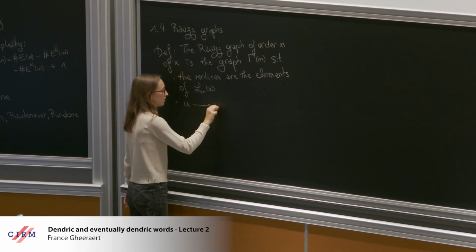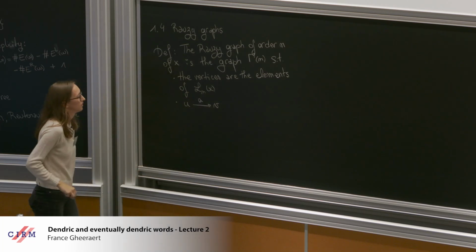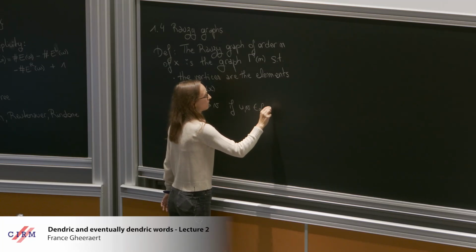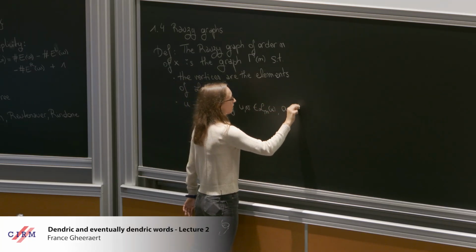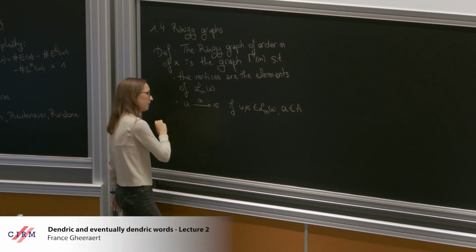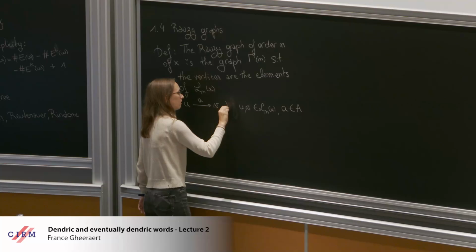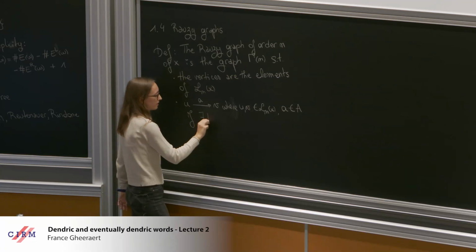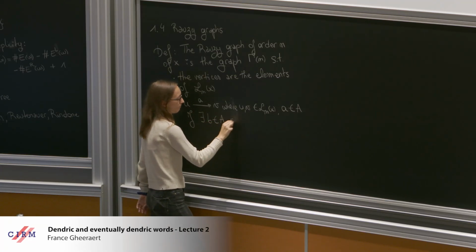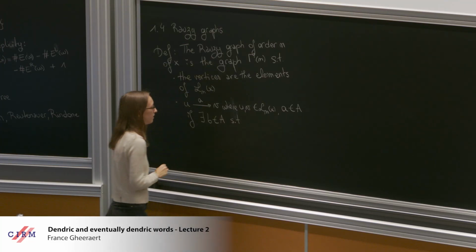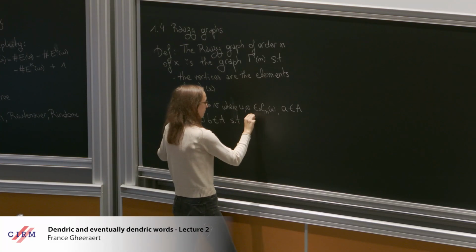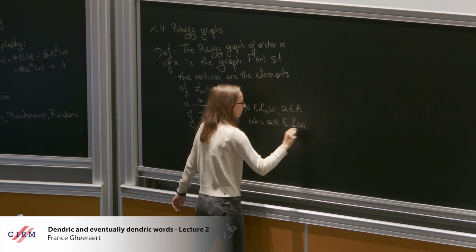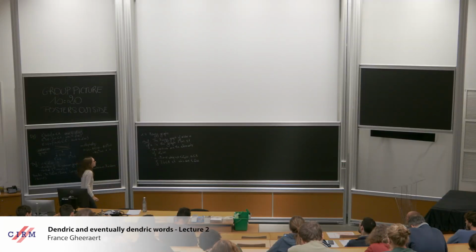So I will have an edge from U to V labeled by A, where U and V are words of length n and A is a letter, if there exists a letter B such that, and that's where I have to focus so as not to make any mistake, we have this equality, and this is also an element of my language.